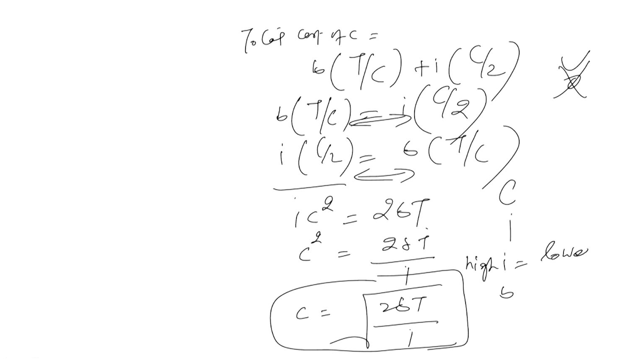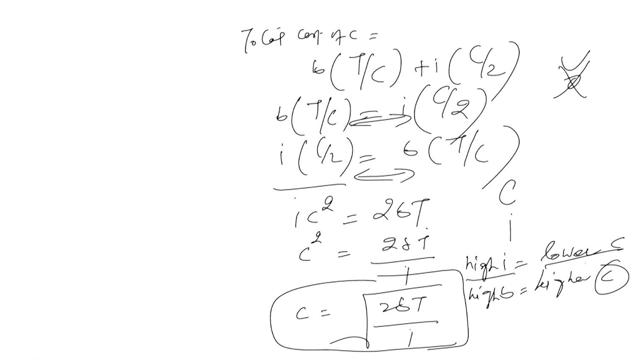It will be lower, and if B, the transaction cost, is high, then C will be higher. So with the opportunity cost this varies inversely, because the higher the opportunity cost, the lower the amount of cash you will tend to keep, whereas with the transaction cost C moves in the same direction, that is, it varies directly.